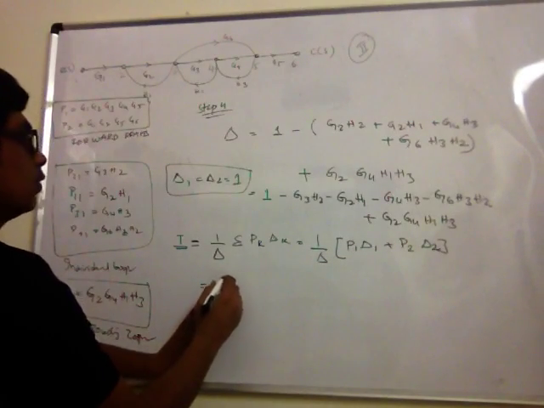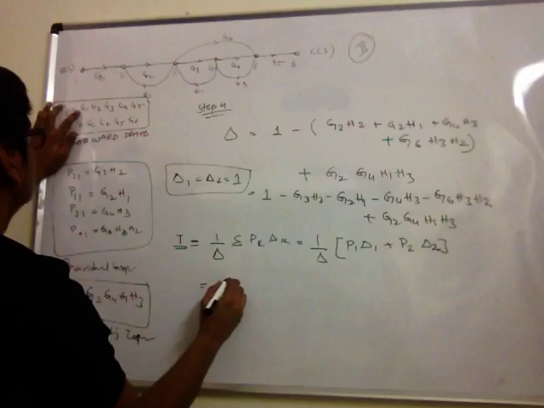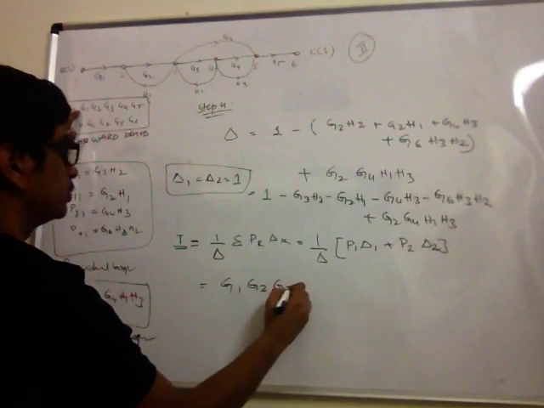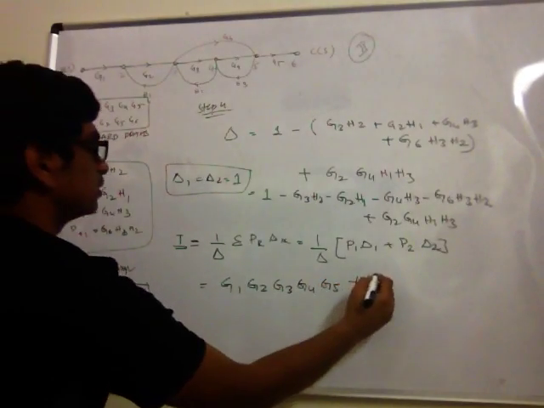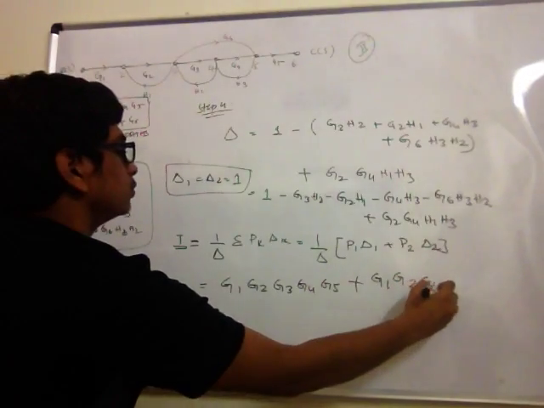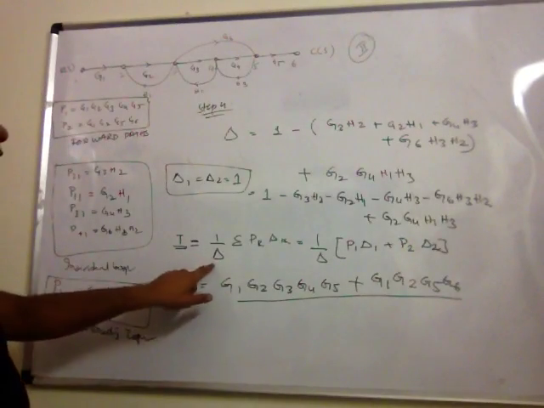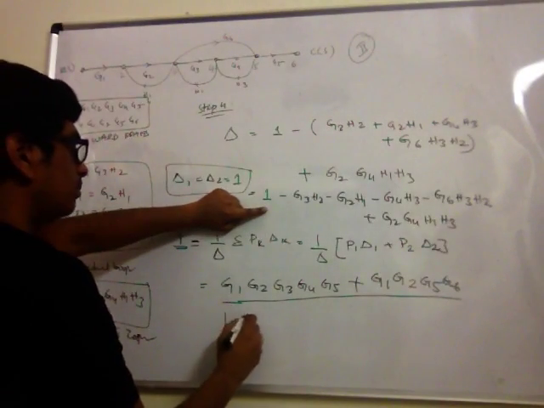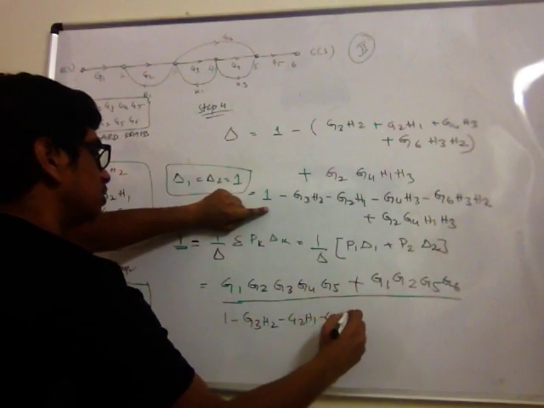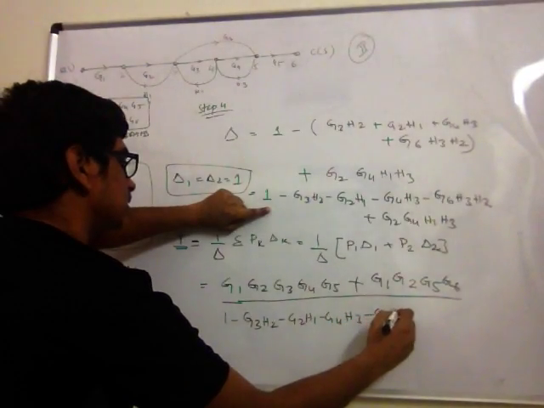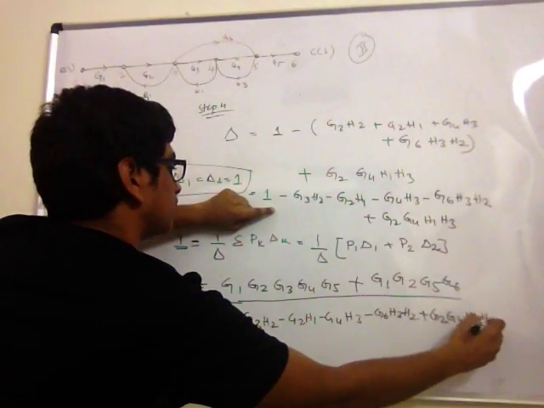So P1 is G1, G2, G3, G4, G5 plus P2 is G1, G2, G5, G6, divided by the value of delta, which is 1 minus G3H2 minus G2H1 minus G4H3 minus G6H3H2 plus G2, G4, H1 and H3.